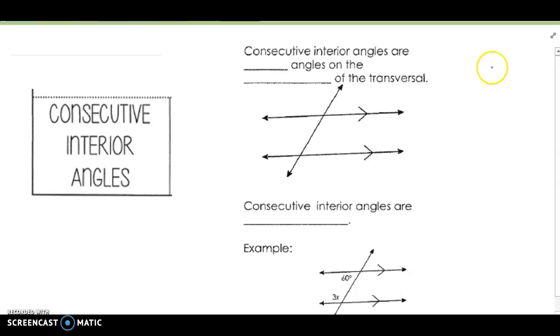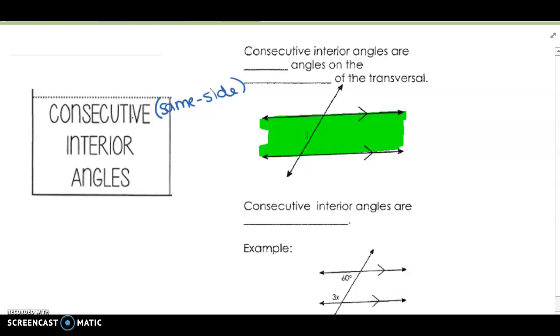All right, so guys, this is the last one. Now I want you to know that consecutive interior angles a lot of times is said to be same side interior angles. Okay, these are the same thing, just different books call them different things. So consecutive and interior. So once again, we're interior, so we're on the inside here. Okay, we're in the green highlighted area.